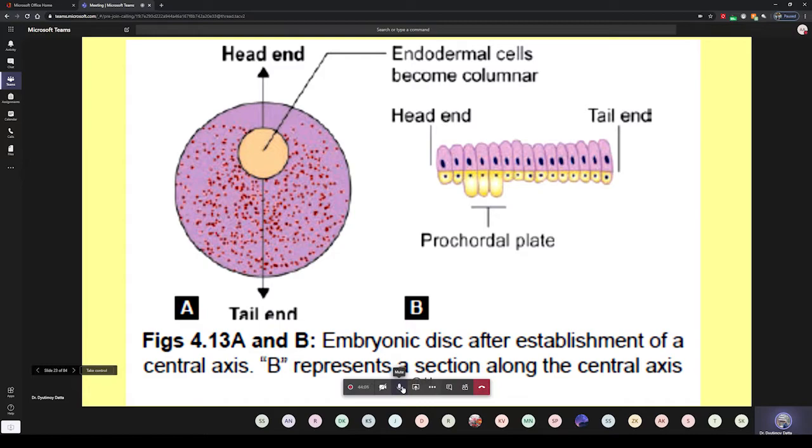Okay. Again, let me tell you the keywords which you are supposed to be running in your head and also looking at. What do you see here? What we are talking about is the prechordal plate, and you can see here the embryonic disc after establishment of the central axis.